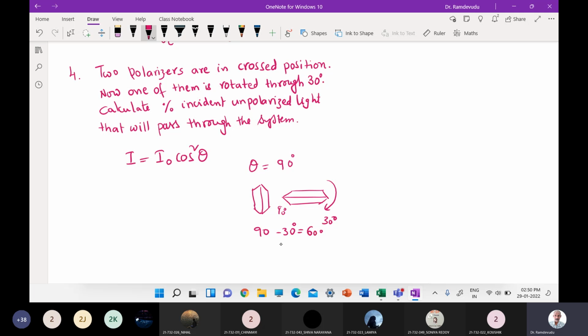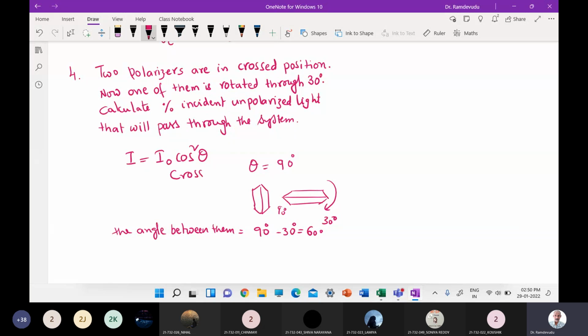So the angle between them is this. Otherwise, if they say the two polarizers are parallel, that means initially 0 degrees. From 0 they might have turned 30 degrees in the earlier problem, but here they are in crossed position. Crossed position means they are 90 degrees.